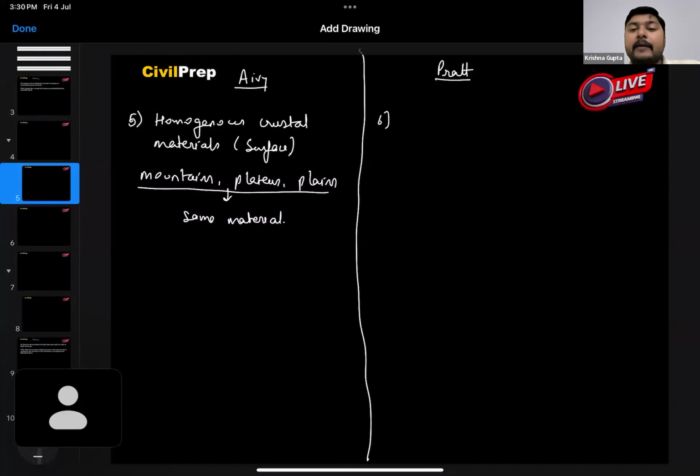While Pratt said that all the material of the crustal part is made up of heterogeneous material.